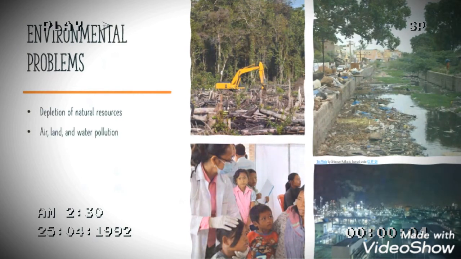The next problem is air, land, and water pollution. Air pollution is a mixture of solid particles and gases in the air. This comes from car emissions, chemicals from factories, dust, pollen, and mold spores that may be suspended as particles, and this will become ozone.